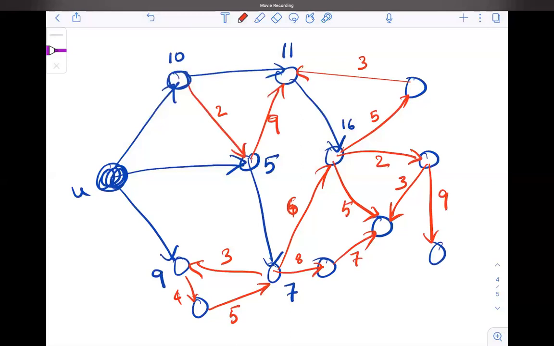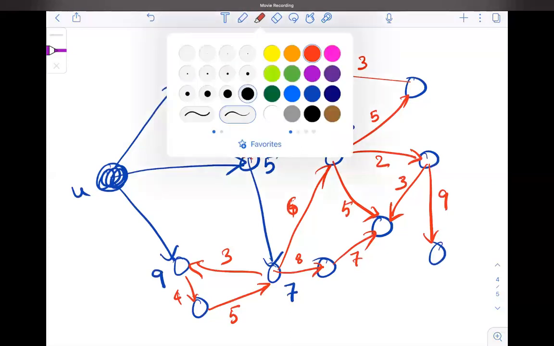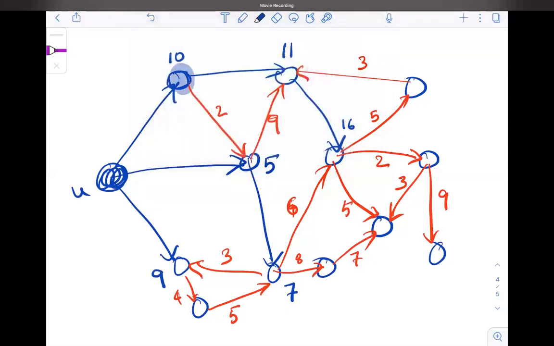The blue ones are the ones in which I already know the shortest path from U. These are the things that I know that if I have to go through, let's say U, so V, W, A, B, C, D, E, F, G, H, I. So if I have to go from U to C, I know the shortest path is this.